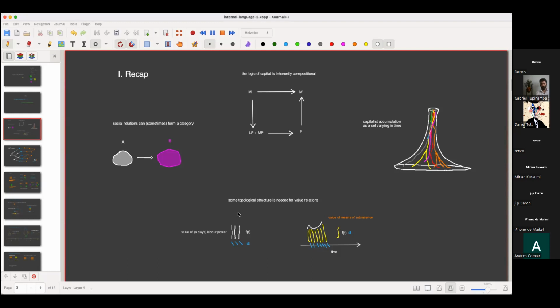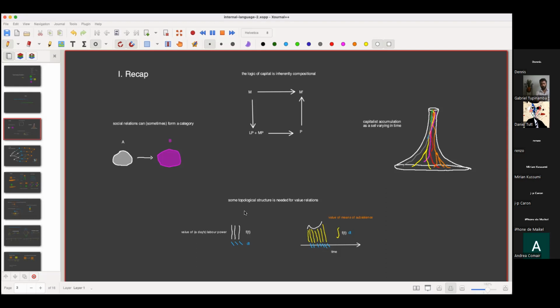And then down here, in the last presentation, I think maybe the most confusing part of that conversation was the relation between topology and value.